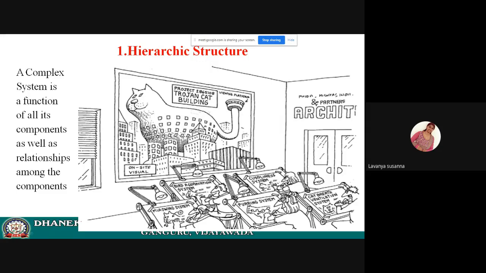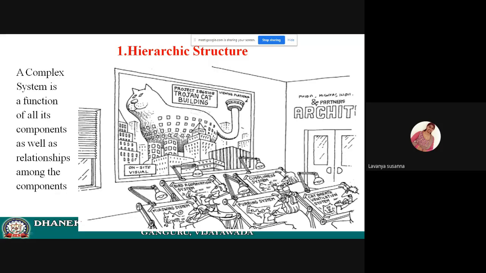In that, I mentioned hierarchical structure. Remember, just memorize it. Every complex system will have hierarchical structure. You cannot imagine the complex system without hierarchical structure. You can understand the parts of the complex system only if they are arranged in some hierarchical fashion.